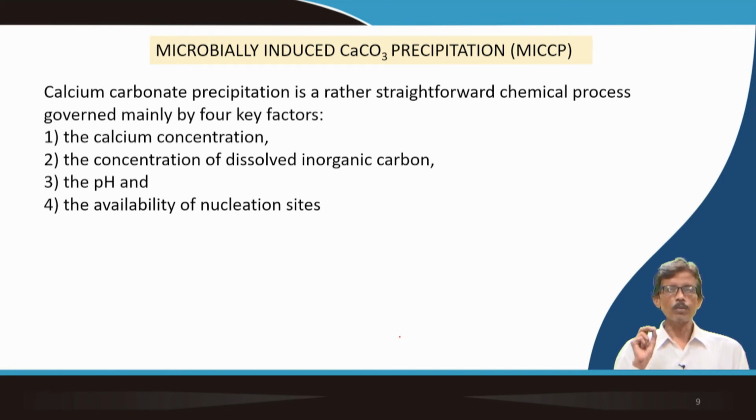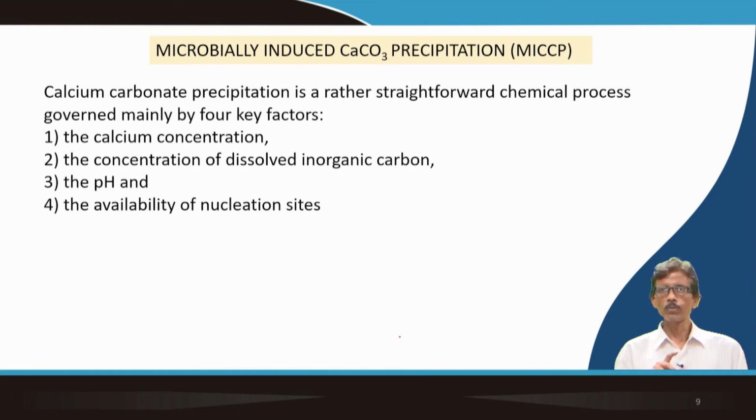Second, the concentration of dissolved inorganic carbon, try to follow the language, which is basically the formation of carbon dioxide followed by its dissolved forms in aqueous medium: bicarbonate, carbonate, as well as carbonic acid, because free carbonic acid H2CO3 can have some solubility in the aqueous medium.